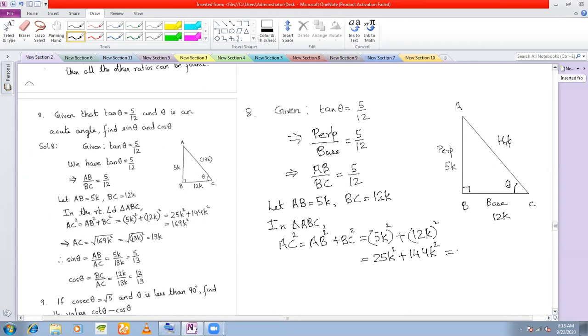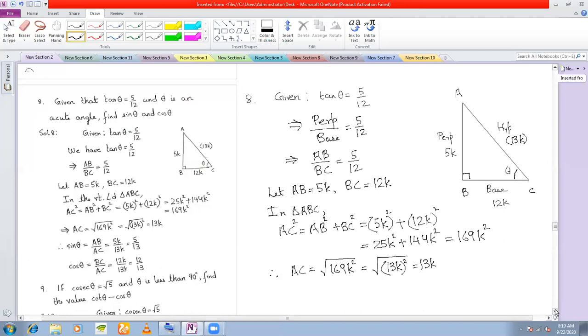So this is 169K square. So therefore, what is AC? AC therefore is the square root of 169K square, which is square root of 13K whole square, which is 13K simply. So hypotenuse AC, we have found this as 13K.